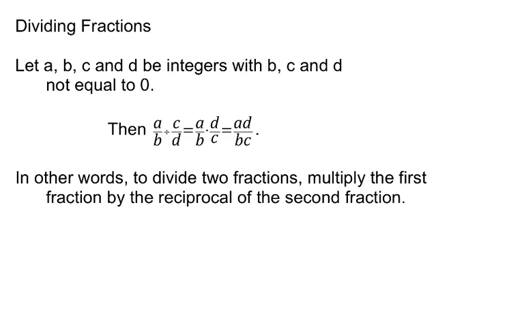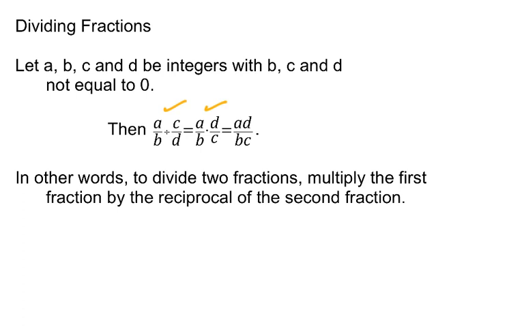So in this one, let A, B, C, and D be integers. B, C, and D, none of them can equal 0. You'll see that you would be dividing by 0 somewhere if that were allowed. How does this work? A over B divided by C over D is equal to A over B times D over C. Notice that what we do here is we take the second fraction and we flip it over.